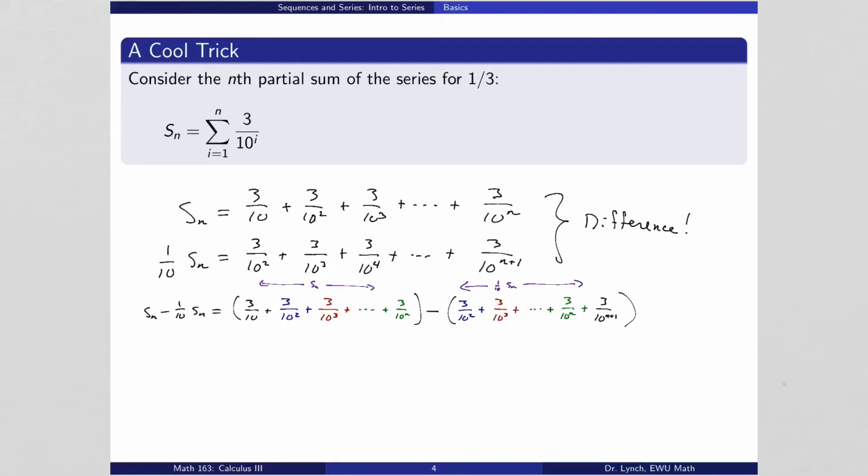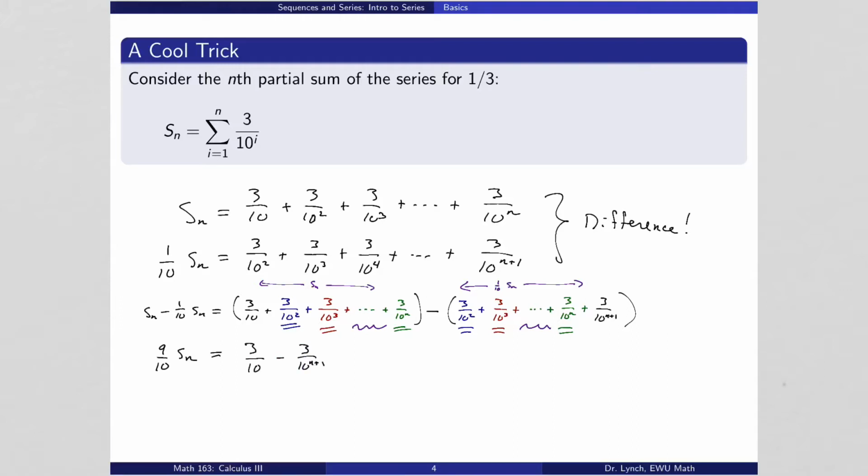Those terms that cancel are the squared terms, the cube terms. All of the other terms in the middle do too. The 10 to the n powers cancel. And at the end of the day, we're just left with two terms here, exactly 3 over 10 and 3 over 10 to the n plus 1.